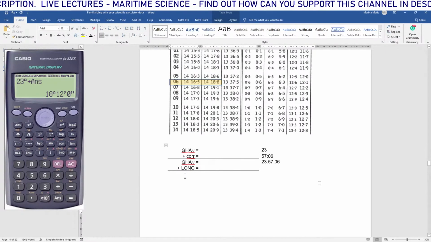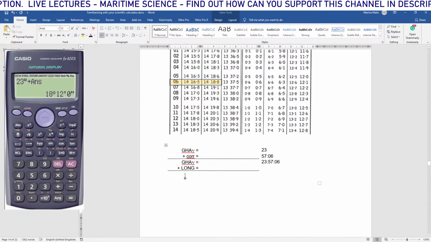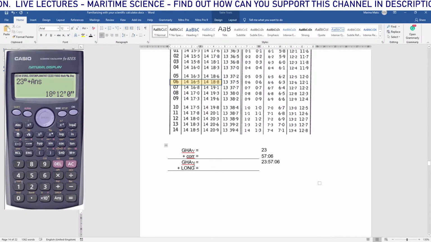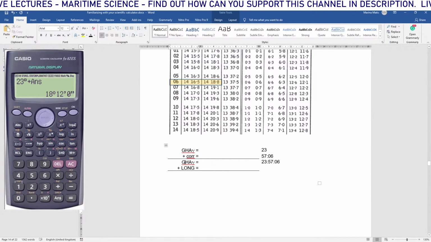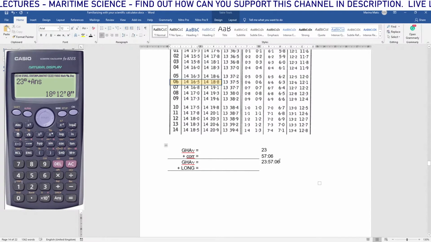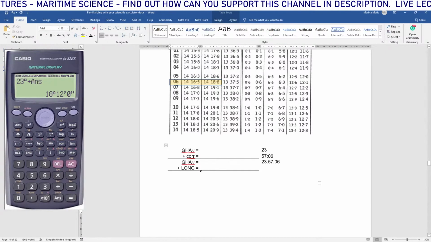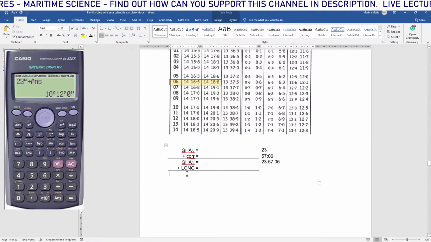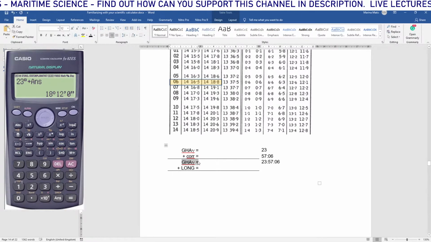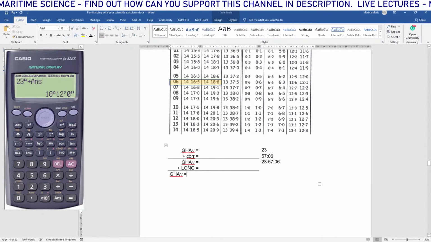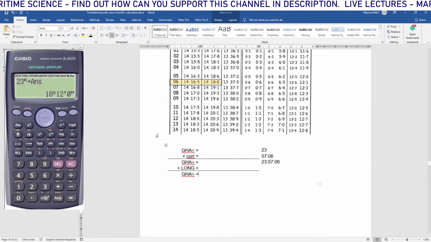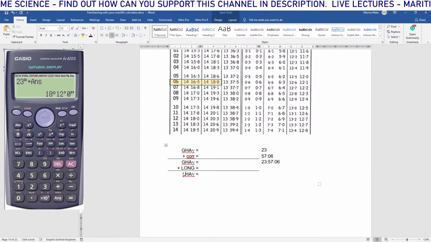So after we add on our Greenwich hour angle, that is how far the spring point is from Greenwich at 23:57:06. After we add our longitude, what we're going to get is, let me copy this, paste here. We're going to get local hour angle.